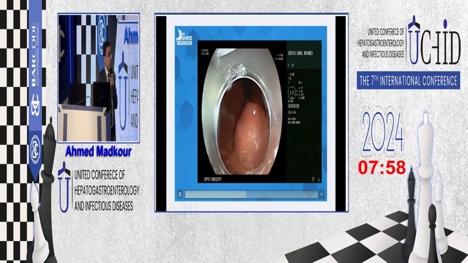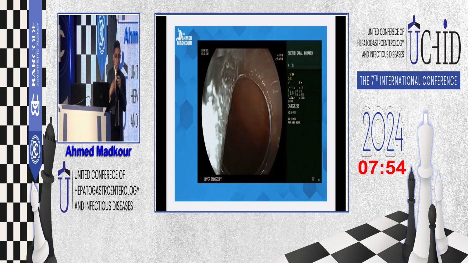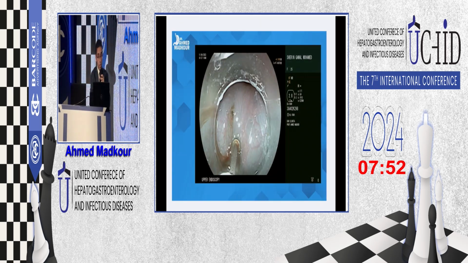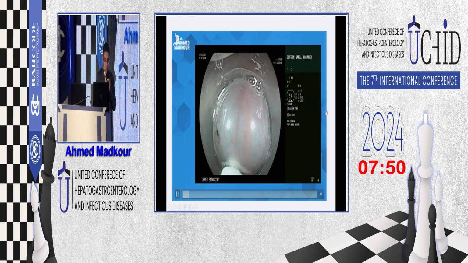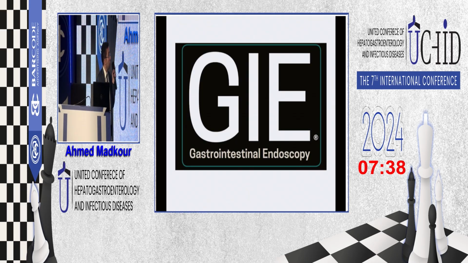So it was debatable: can we go for STER? We can expect some hematoma and adhesions, but it's still possible. We resected the lesion en bloc with an intact capsule, and we had this surprise. We can see the hematoma inside the lesion, but it didn't prevent resection. This was accepted in GIE. I think very soon we will see online how to treat a bleeding GIST by STER.